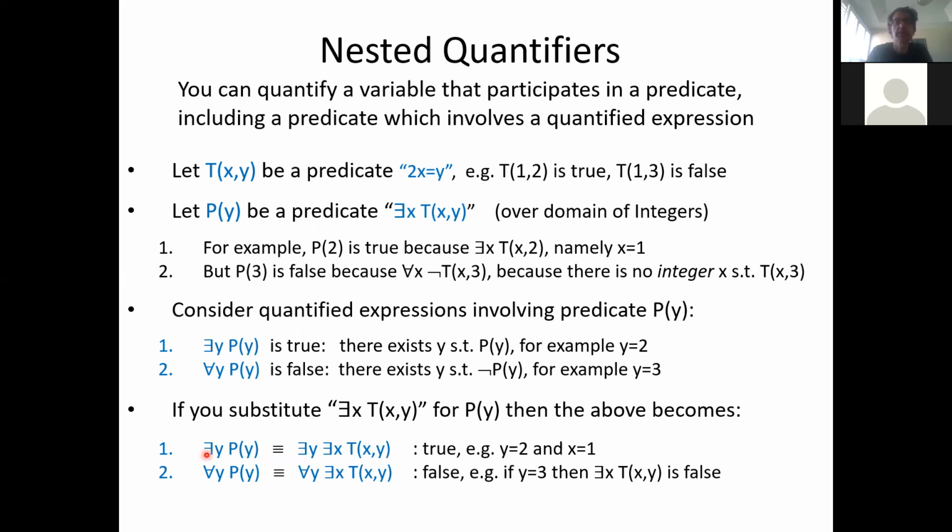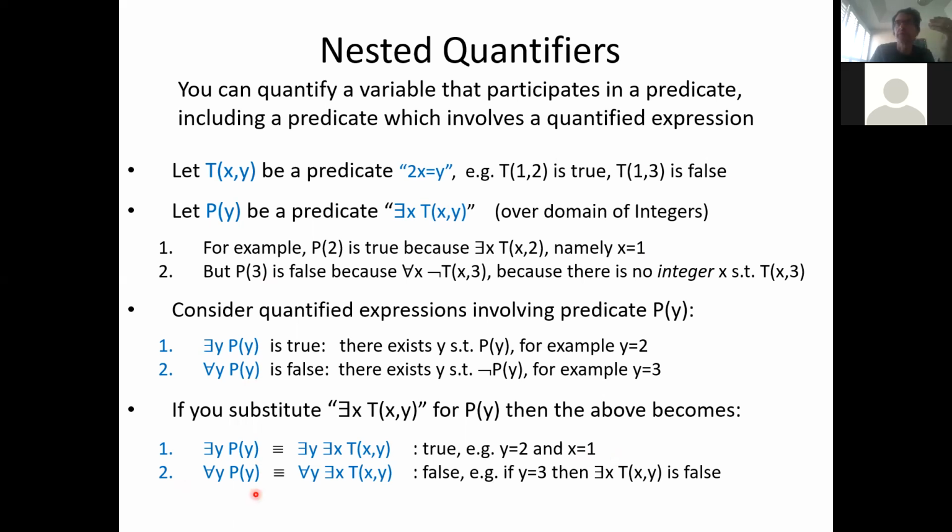What you're saying here is that there exists a y such that p of y holds, but what is p of y? It's this statement. In other words, there exists a y such that there exists an x such that t of x, y. And if you read off the previous examples, one example that makes it true is this one.